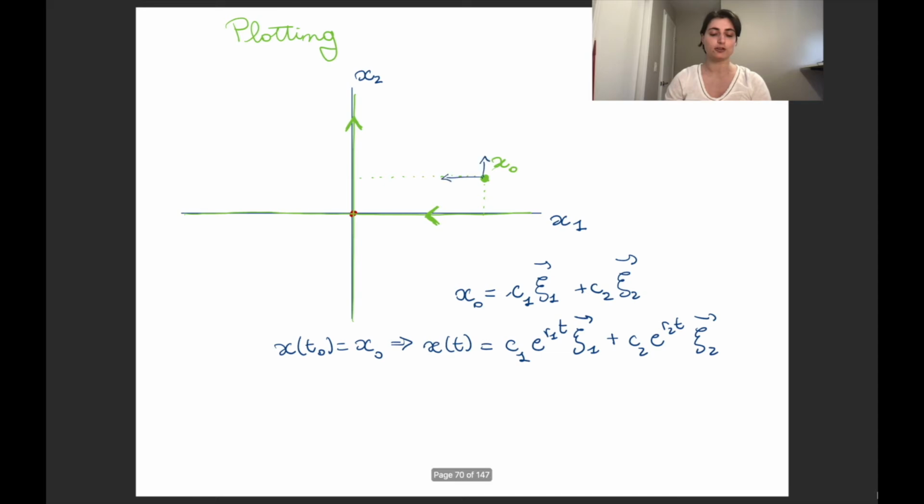So over time, we are pushed in the two directions of the two eigenvectors. We have something that goes towards the equilibrium, but actually the closer you get to the equilibrium, the slower you're going, and something that goes away from the equilibrium, and the further away from the equilibrium you're going, the faster you're going.